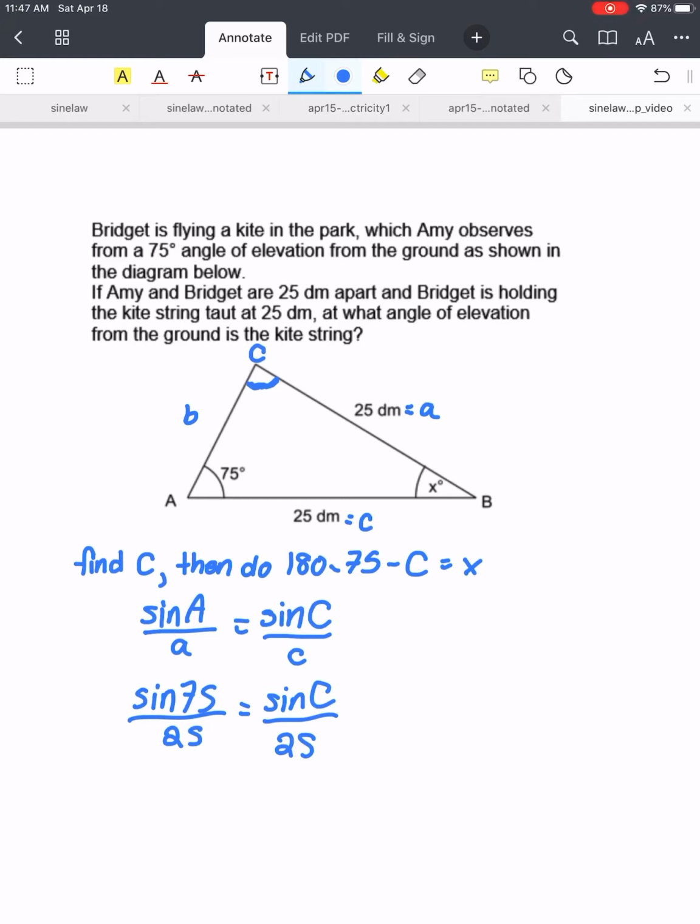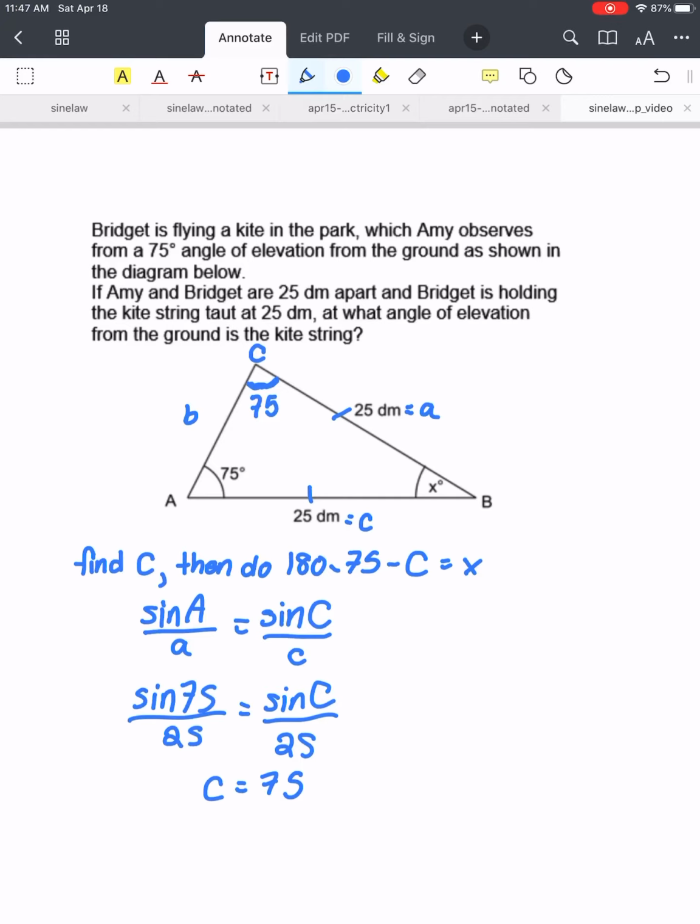Wait a second, this is an isosceles triangle. That means we can do the algebra, but we can know from this that C is going to also be 75, right? So we could have done this without using the sine law at all.